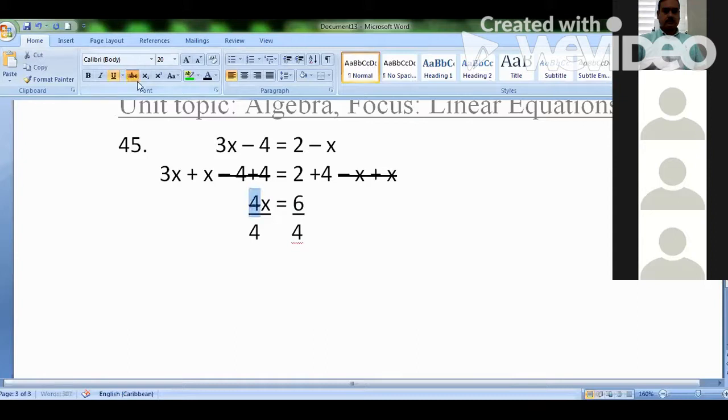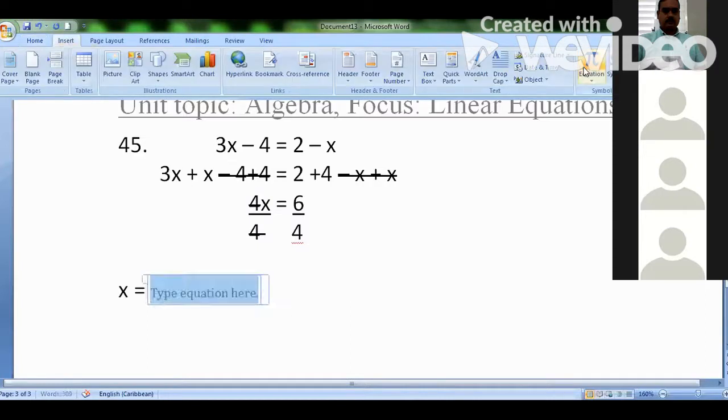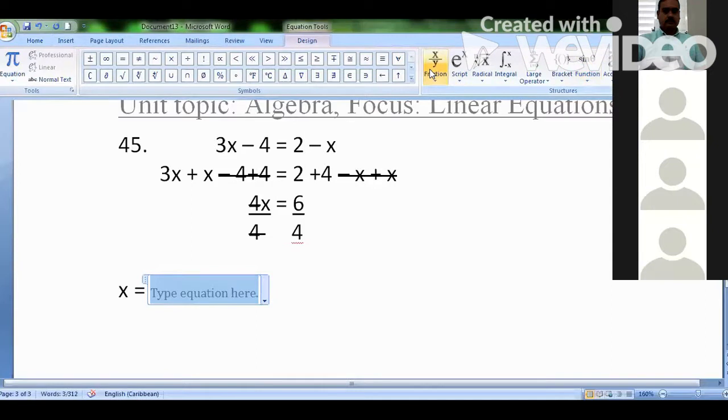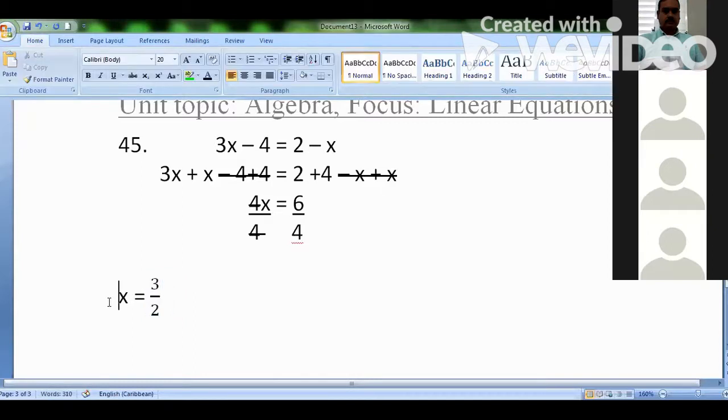You're going to get a fraction. Or you could just say x is equal to 3/2, not true? I did it and thought it was incorrect.